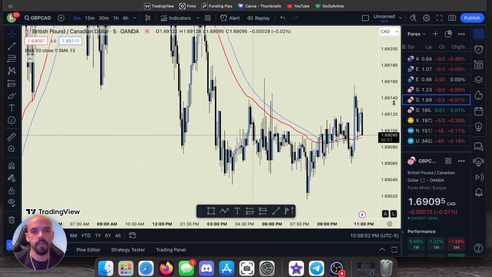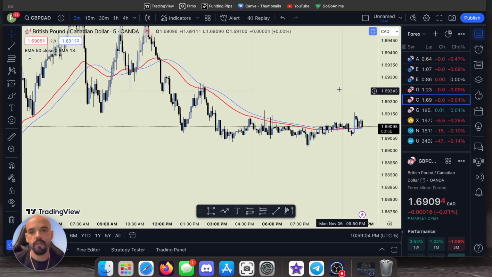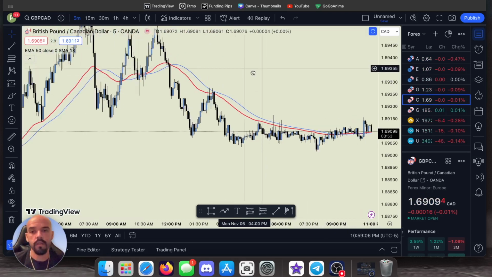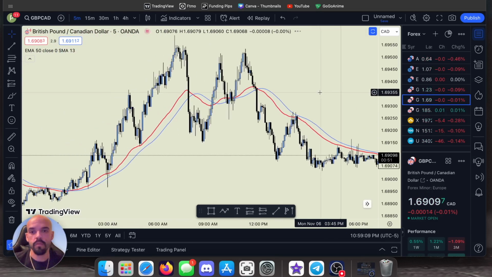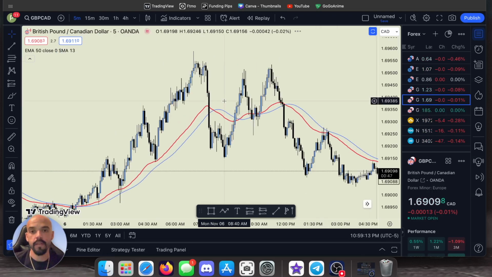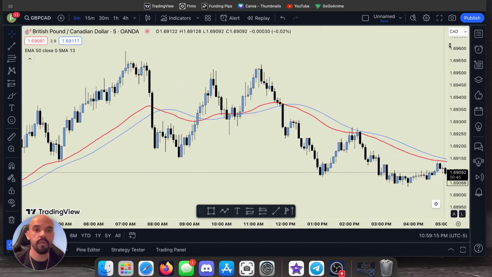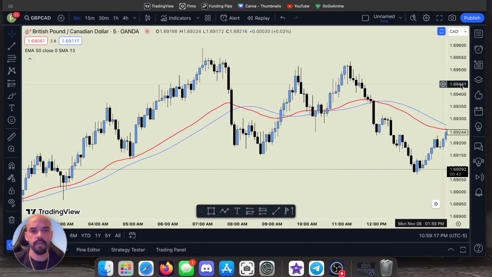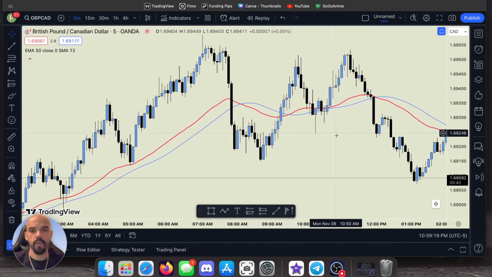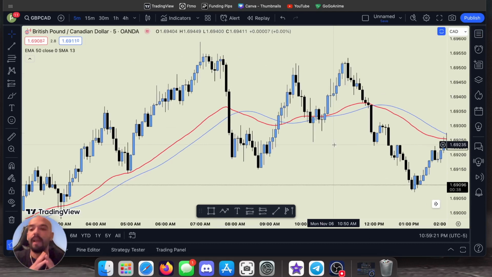Let's see. So I do see already a couple, but I like this one right here. This is honestly a very nice example for supply. Supply is a sell-off towards the downside, and a demand is a buy towards the upside.